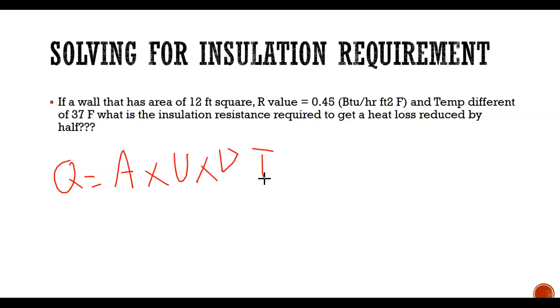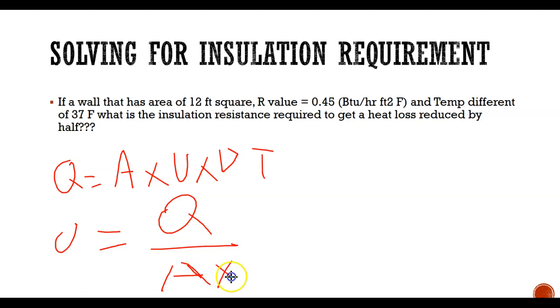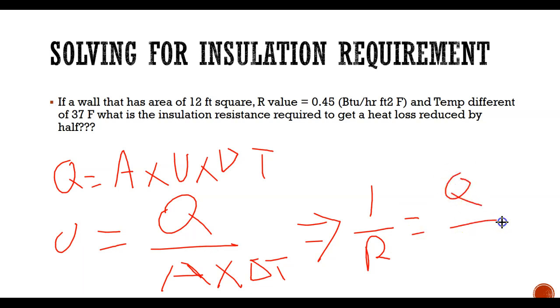If I want to solve for U, U will equal Q over area times delta T. Okay, if I want to solve for R, U equals 1 over R. So Q will equal again A times delta T. This is okay. So I'm just trying to manipulate the equation a little bit.